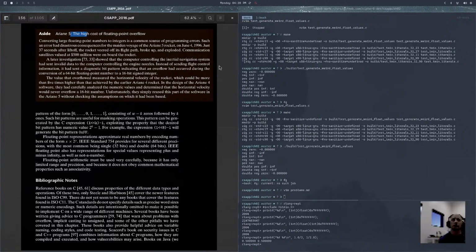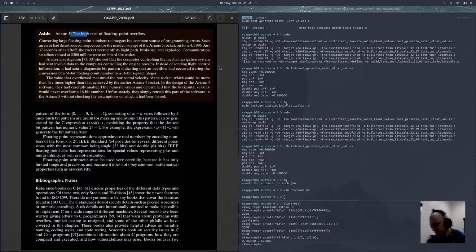The high cost of floating point overflow. Converting large floating point numbers to integers is a common source of programming errors. Such an error had disastrous consequences for the maiden voyage of the Ariane 5 rocket on June 4th, 1996. Just 37 seconds after liftoff, the rocket veered off its flight path, broke up, and exploded.